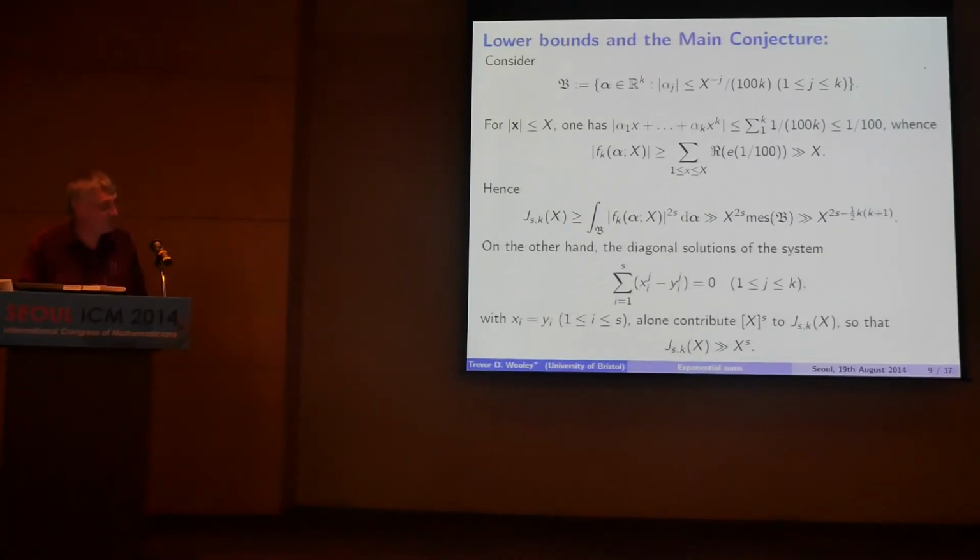Another lower bound, which is even simpler, uses the observation we made on the previous slide. By orthogonality, the mean value corresponds to the number of solutions of the system of diagonal equations. If I just set x_i equal to y_i for every i, there are X choices for these variables, and the total number of choices for all of those diagonal solutions is like X^s.